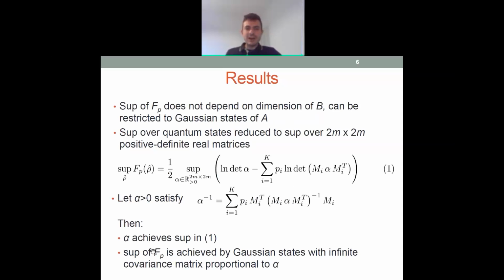And this infinite covariance matrix is proportional to this matrix alpha, which is a stationary point for this function.